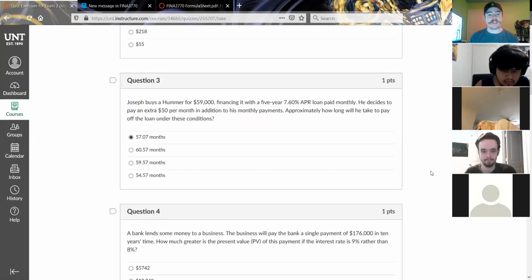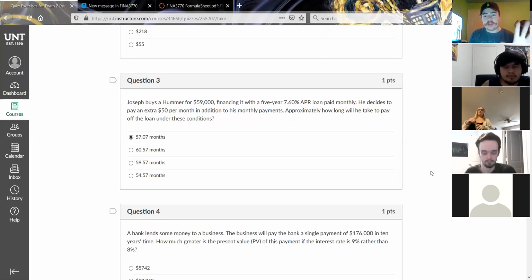The first step is finding out what the payments are. You've already got all the numbers. Just put them into the calculator and calculate for payment. Once you get that answer, add 50 to it. Then clear out all the numbers. You're now trying to find the number of periods.